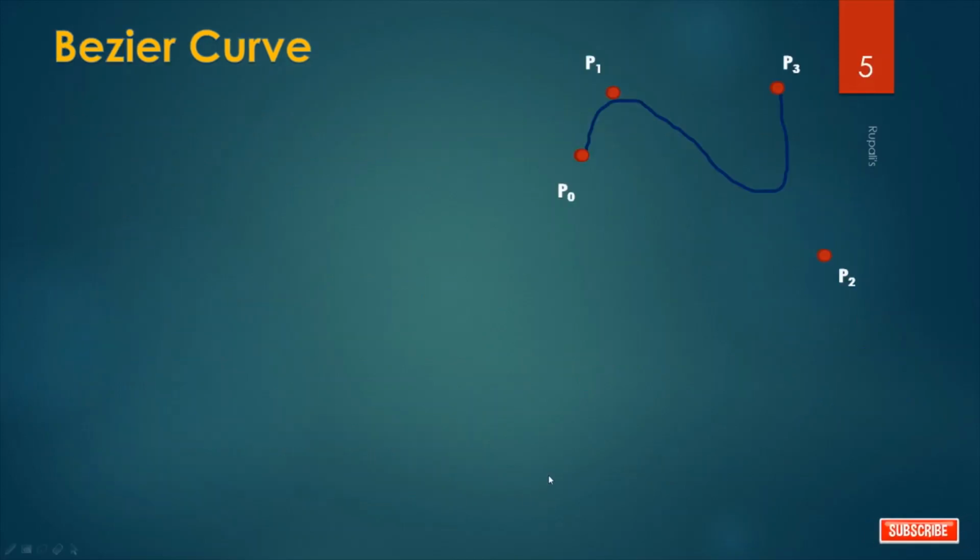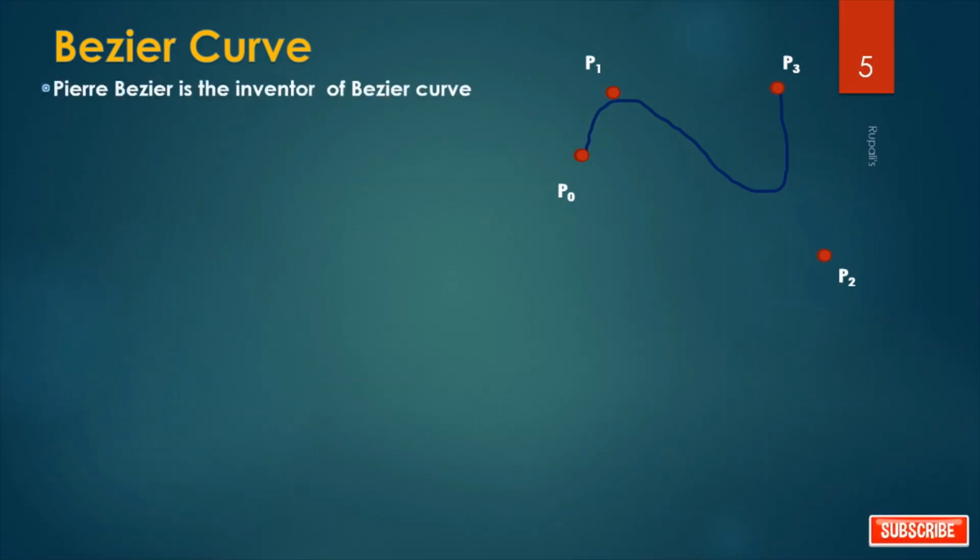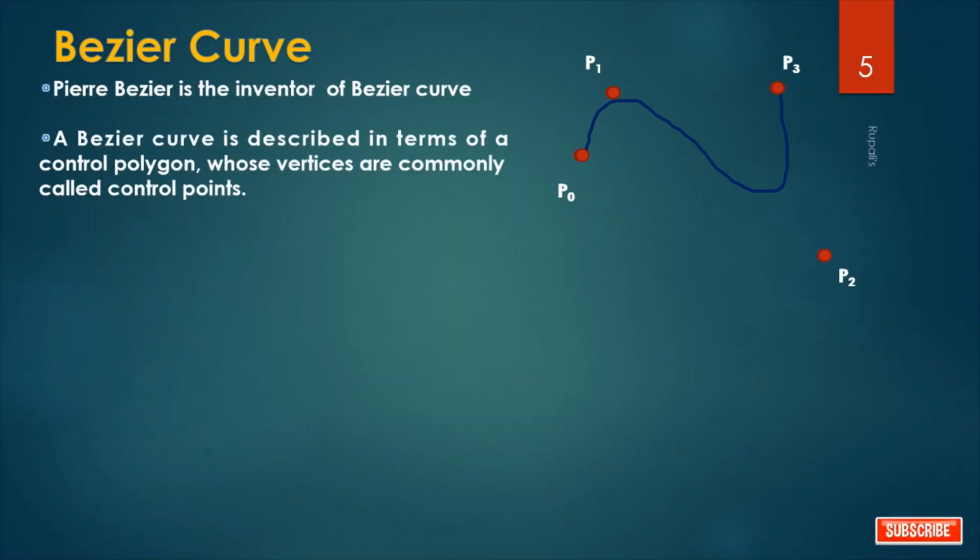So, what is Bezier curve? Our curve is Bezier curve. Pierre Bezier is the inventor of Bezier curve. A Bezier curve is described in terms of a control polygon whose vertices are commonly called control points. So, these are the control points and this is our control polygon.